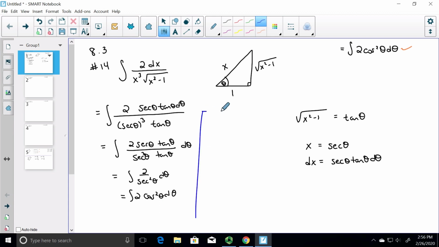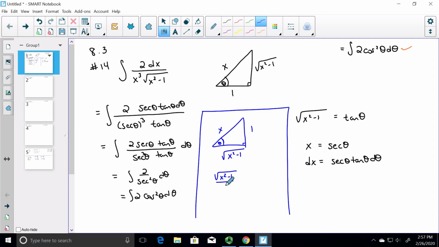Let's say I did it the other way. So I know the x has to go here because, again, whenever you're subtracting, the first piece has to be the hypotenuse. But let's say I put the 1 here. Okay, then when I started this whole same process, I would say, okay, I need to figure out what the square root piece is. I want to pair it with the constant, make sure the variable's on the top.